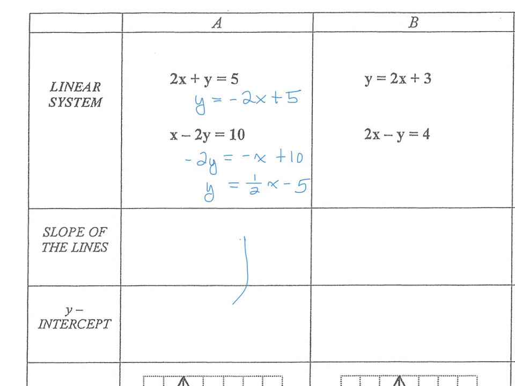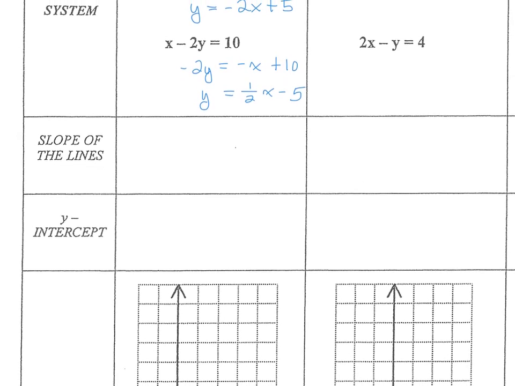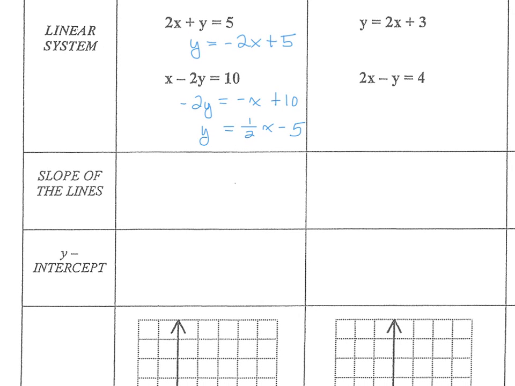Let me erase that. Okay. So the slopes of the two lines, we've got line 1 and line 2, and we'll keep it in the red and the blue for the rest of it.